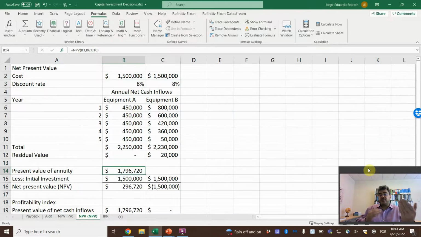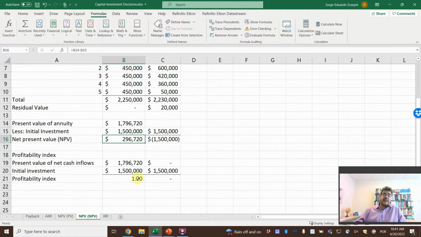No negative numbers, positive numbers. If it is PMT, FV, PV, and so on, that is the regular time value of money formulas. So here, the present value of this annuity is $1,796,000. Initial investment, $1.5 million. Net present value, a positive number, so we should accept this project, 296, and the profitability index, 1.2.